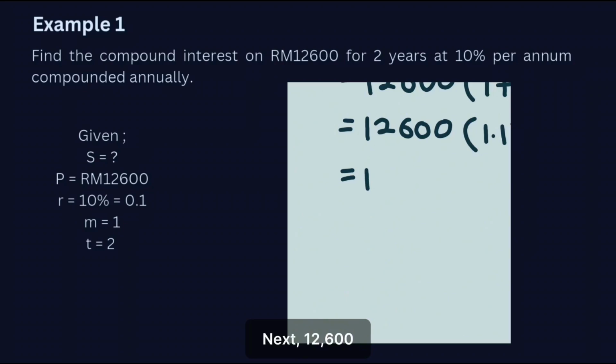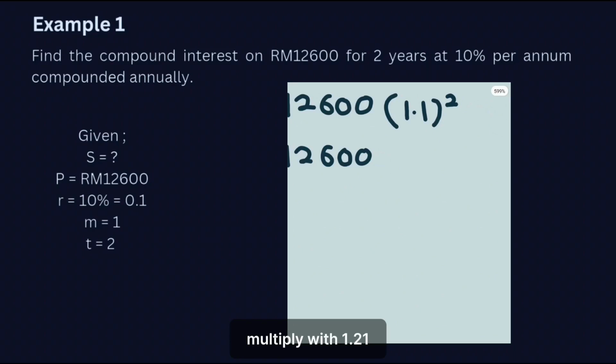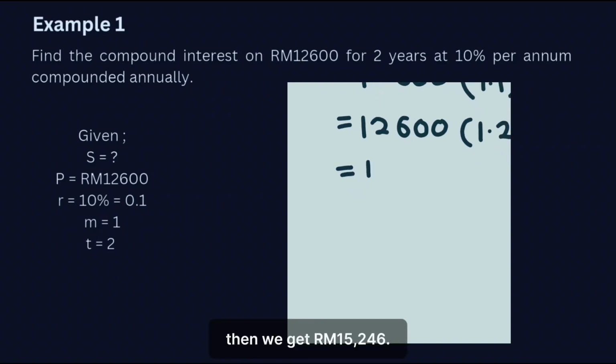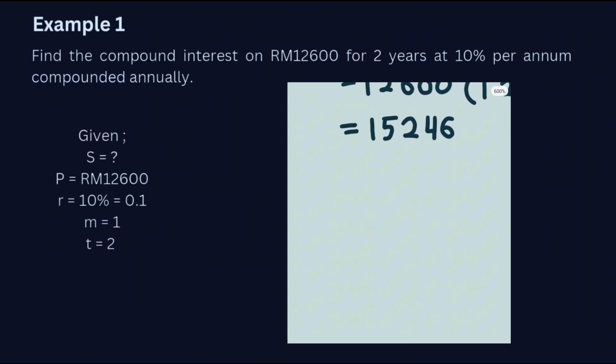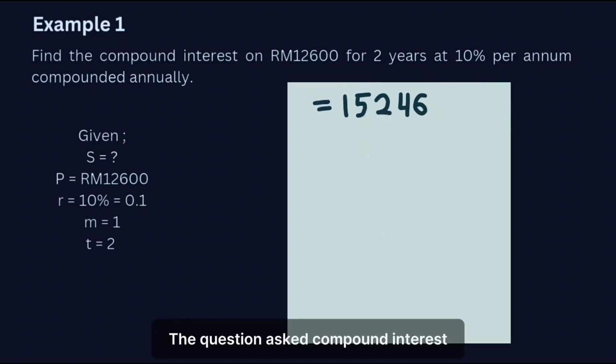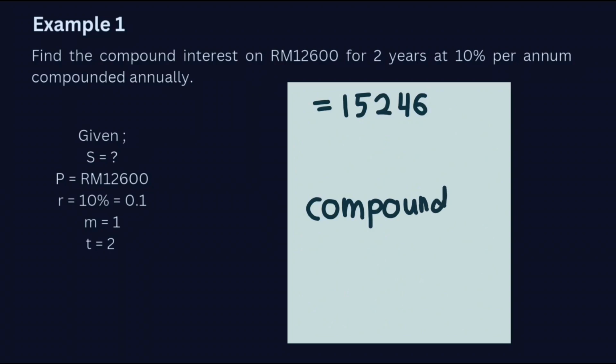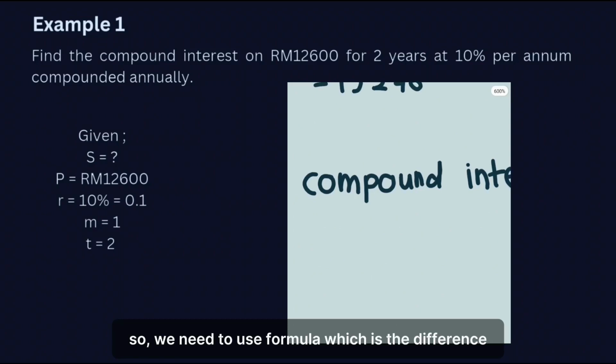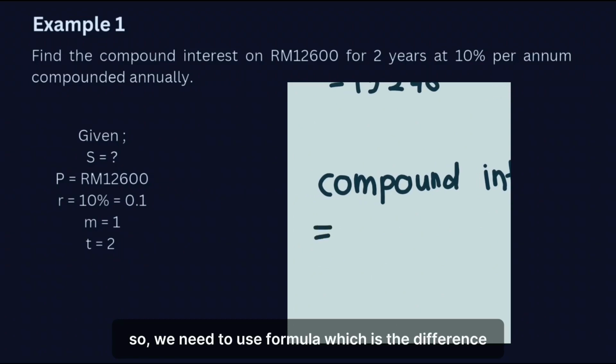Next, 12,600 multiplied by 1.21. Then we get 15,246 ringgit. The question asks for compound interest, so we need to use the formula, which is the difference between compound amount and principal.